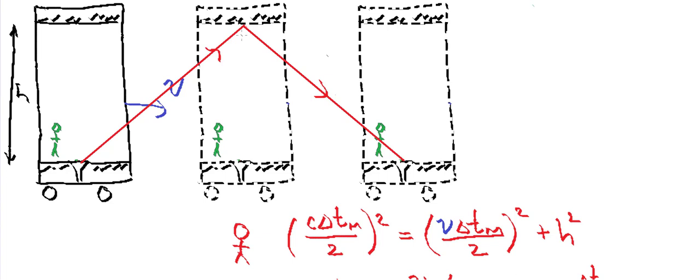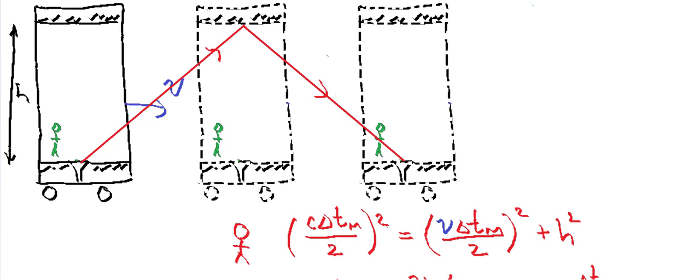And so what we have is c delta t_m, m for Mark, over 2, squared, right? This is just a squared plus b squared is c squared. Maybe I shouldn't use c, since I don't want to confuse you with the speed of light, but simple Pythagorean theorem.